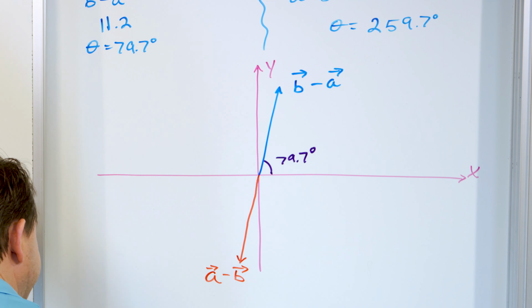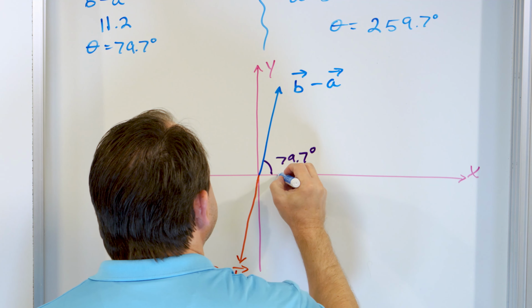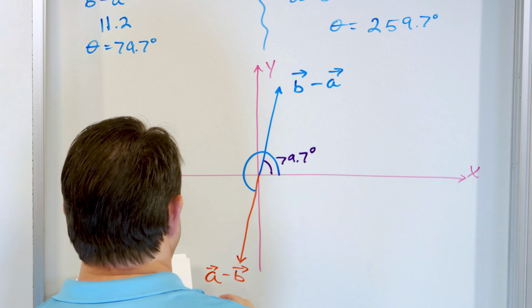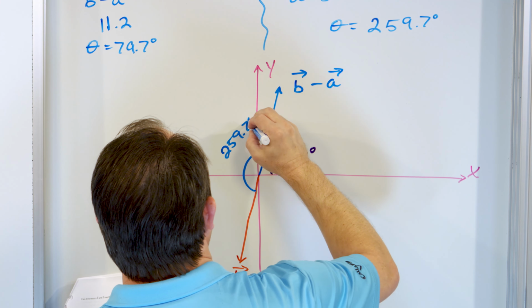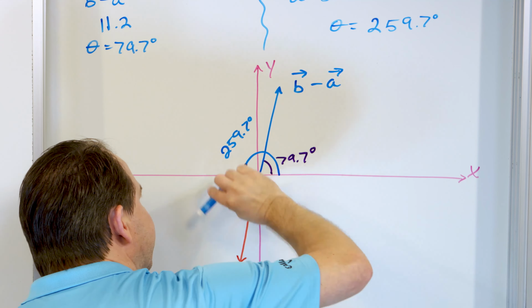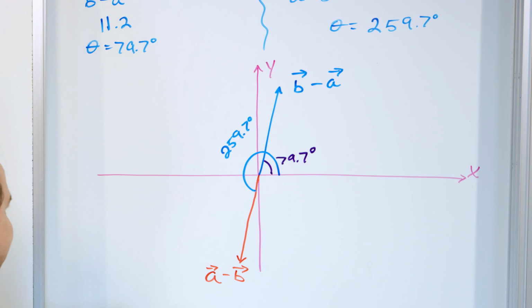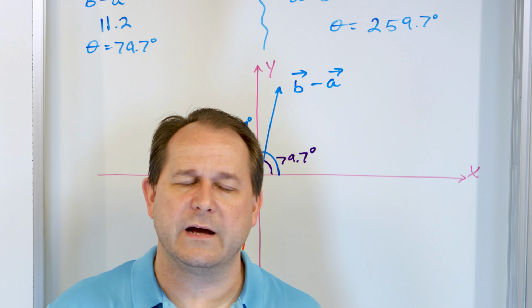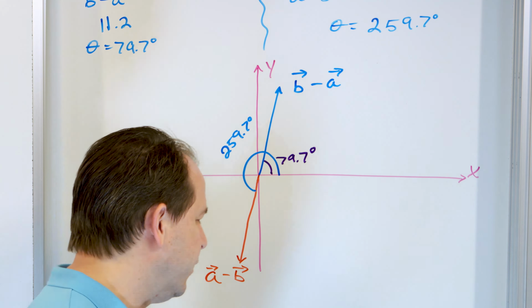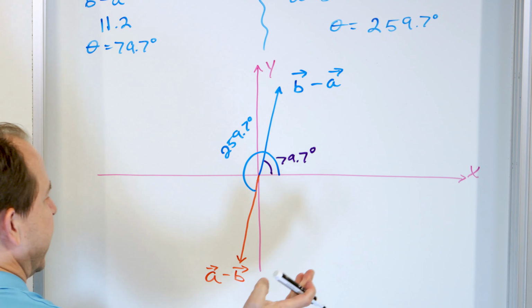And this right here, if we measure all the way around, is 259.7 degrees. But we know that these are 180 degrees apart. Now, what does this actually tell you? It tells you what I was trying to illustrate verbally a second ago.